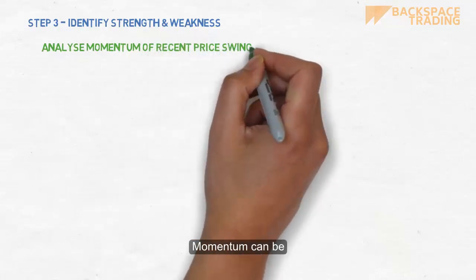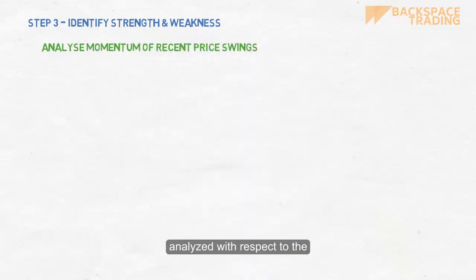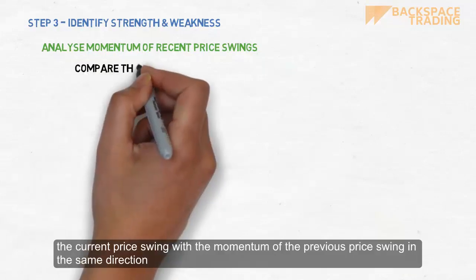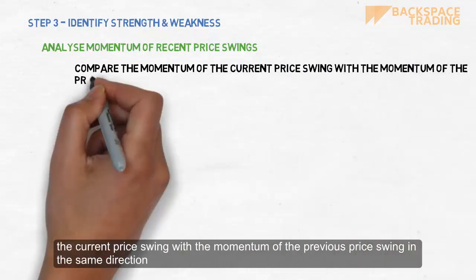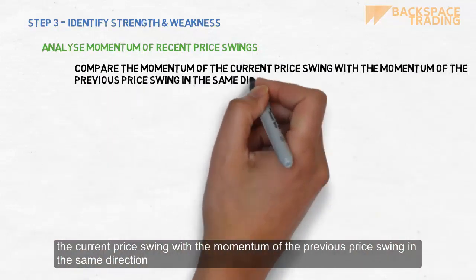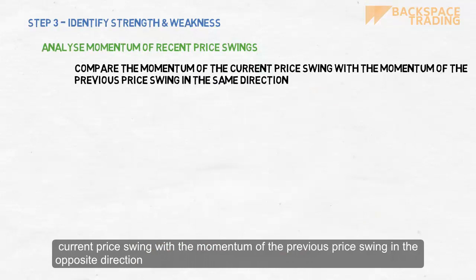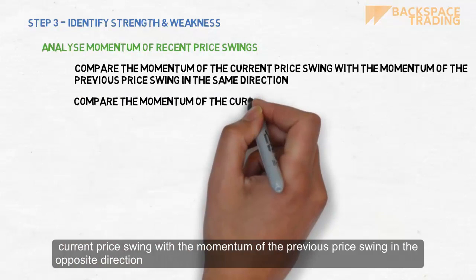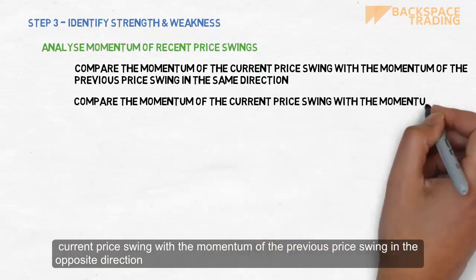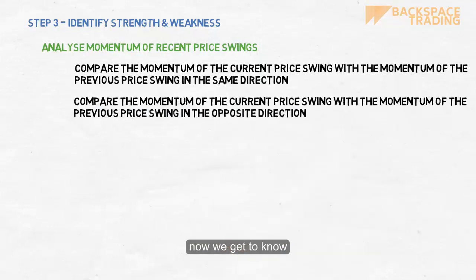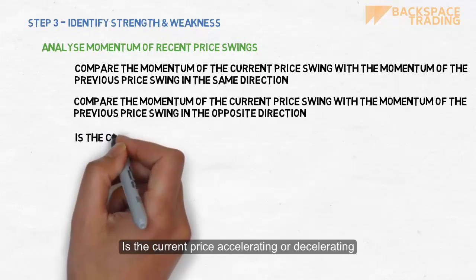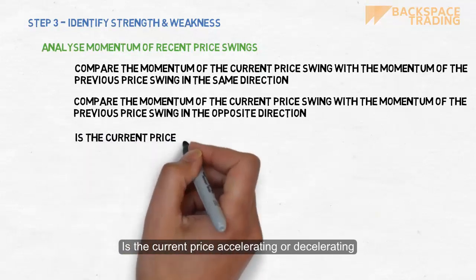Momentum can be analyzed by comparing the current price swing with the previous price swing in the same direction, and the current price swing with the previous price swing in the opposite direction as well, right? Now we get to know whether the current price is accelerating or decelerating.